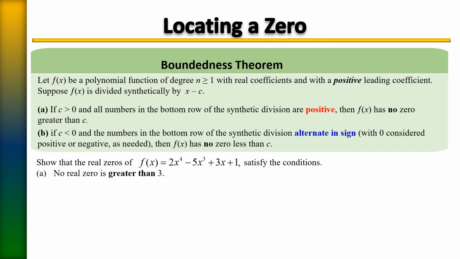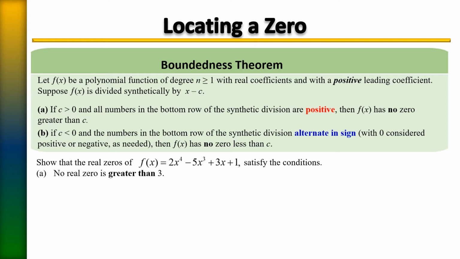On the other hand, if c is less than 0 and all the numbers in the bottom row of the synthetic division alternate in sign, with 0 considered positive or negative as needed, then f of x has no real zero less than c.